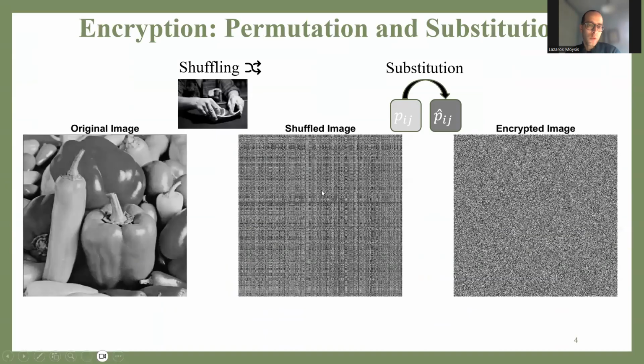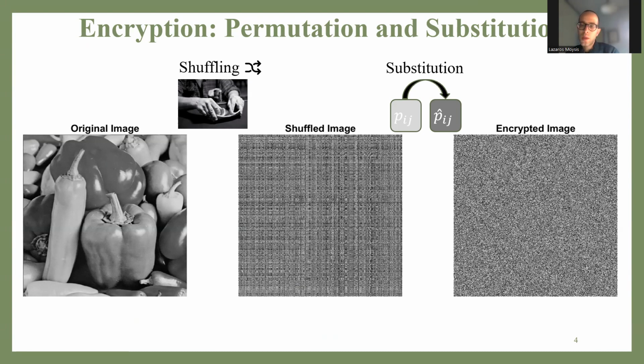So, for chaos-based encryption, of course, there are two standard processes, which are permutation and substitution. And of course, there are many variations on these. But basically, the first one, permutation, is basically shuffling of the image pixels. So we take the original image, for example, and the first thing that we do is shuffle the pixels of the image in order to disperse the information throughout the whole image file.